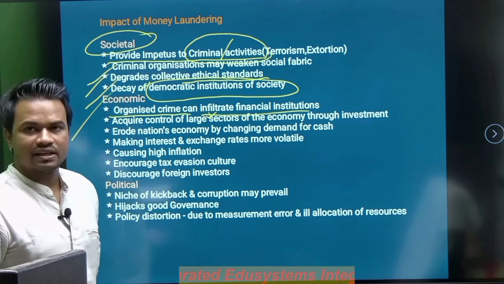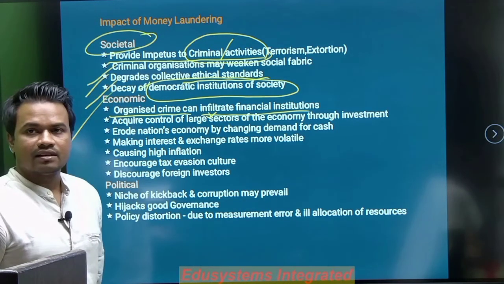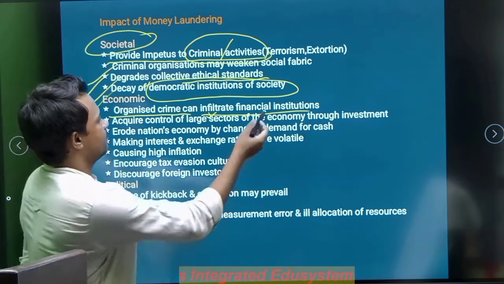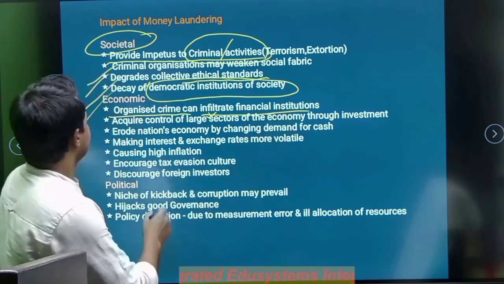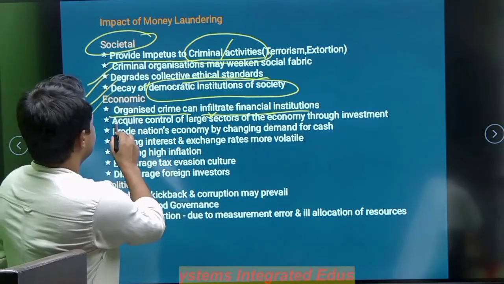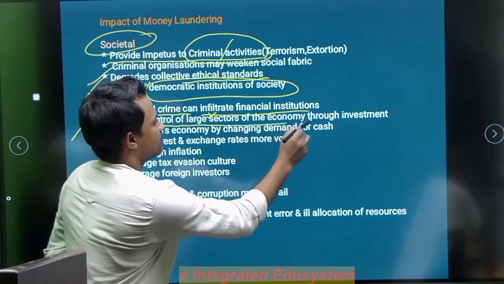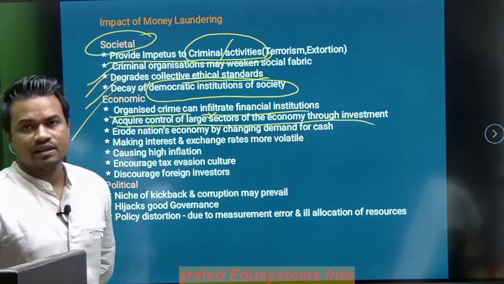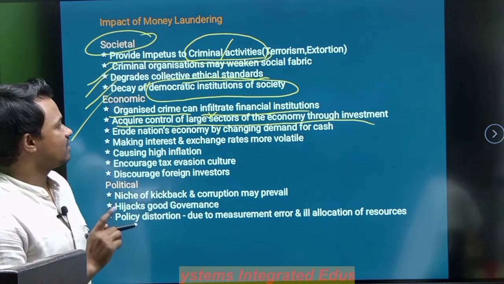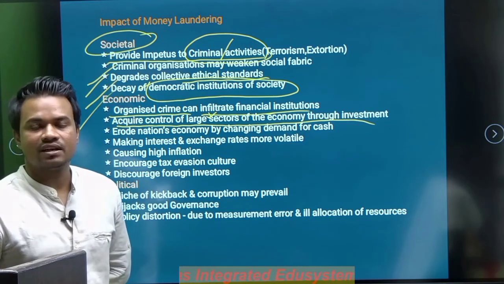Without any hard work, if they deposit that money in a financial institution like a bank, and enter the bank, they can acquire control of a large sector of the economy through investments. That may be a probable future issue because of infiltrating the financial institutions.